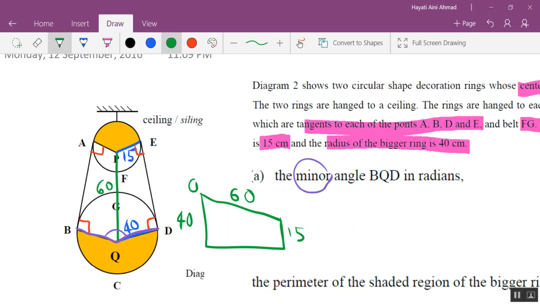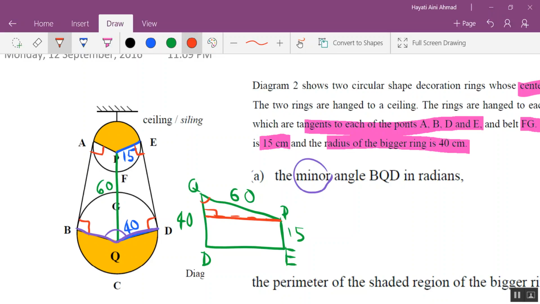And this is Q, P, E and D. So in order to find angle Q, we have to split the trapezium into two parts, and we realize that we'll be using a right angle triangle.